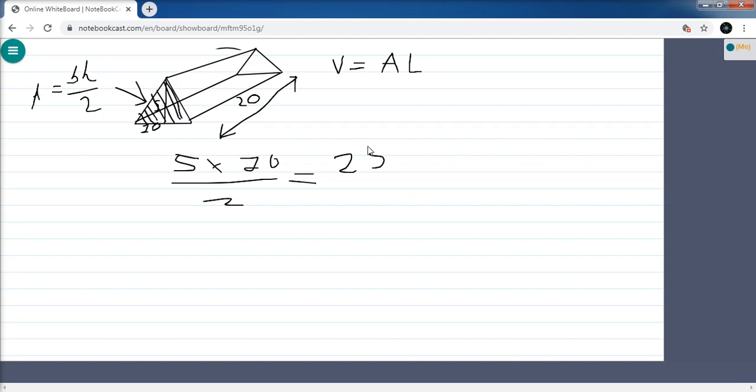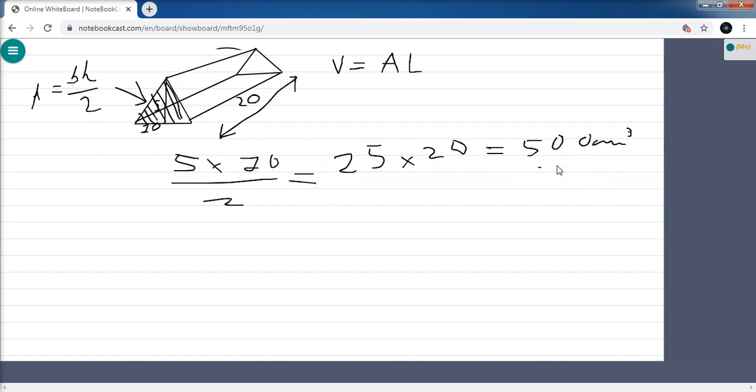So 25 multiplied by 20 will be equal to 500. So the volume is 500 centimeters cubed.